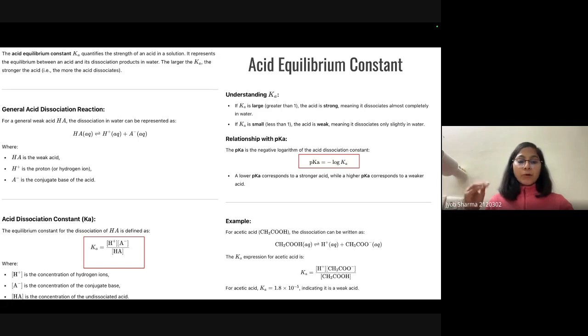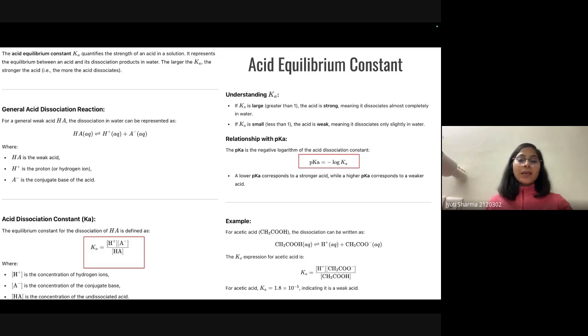For example, you have more H plus ions and A minus ions in comparison to the acid you had, that is HA. So based on the Ka value, you can tell which is a strong acid and which is a weak acid.